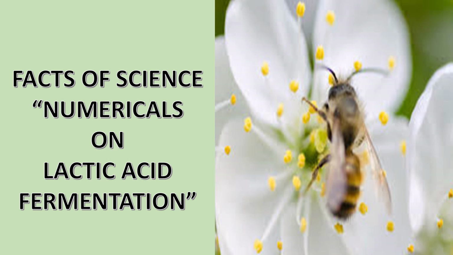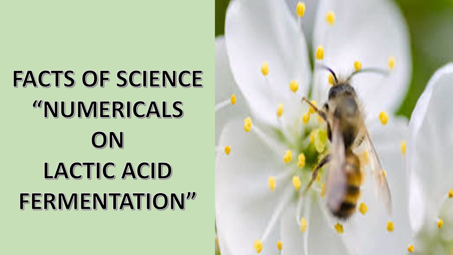There are two types of anaerobic respiration: ethanolic fermentation and lactic acid fermentation. In ethanolic fermentation, products are ethanol, carbon dioxide, and energy. In lactic acid fermentation, the products are lactic acid and energy.